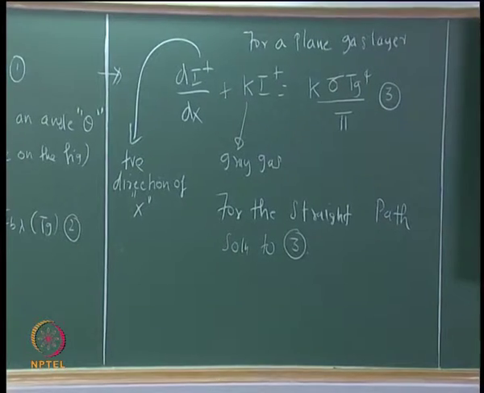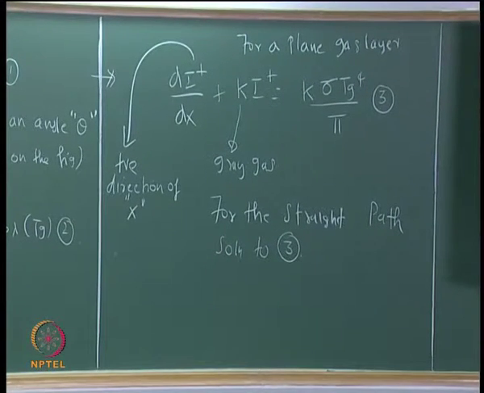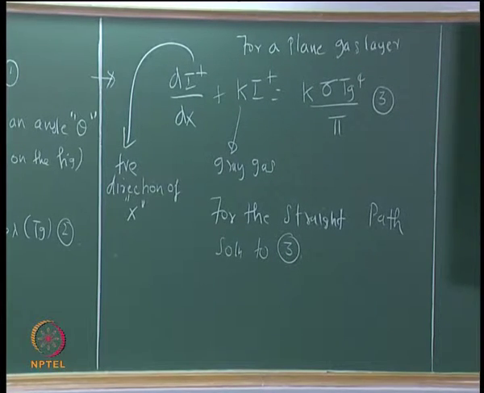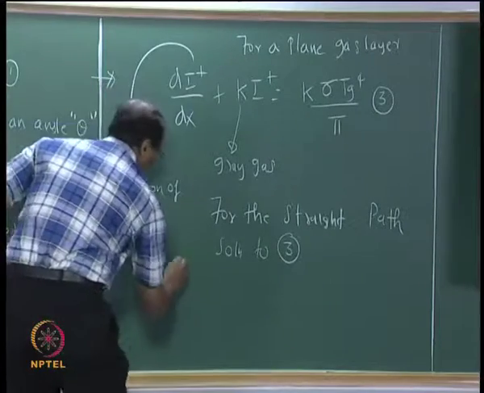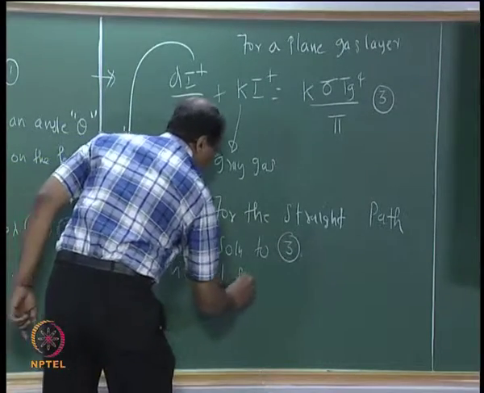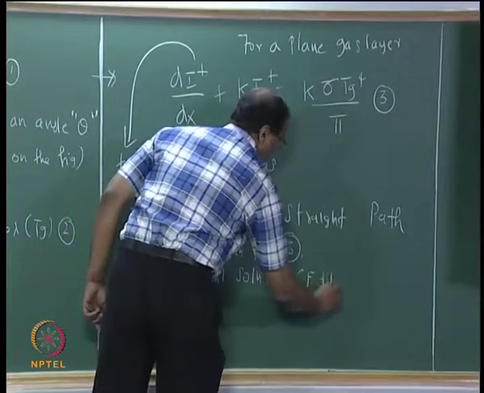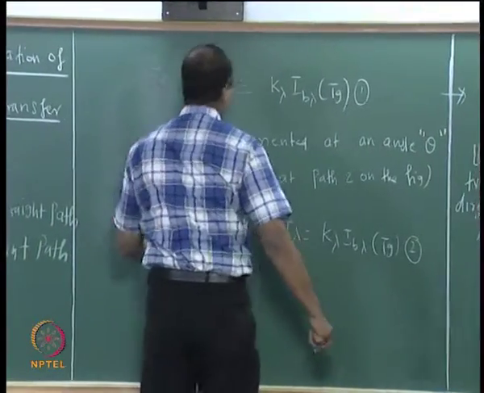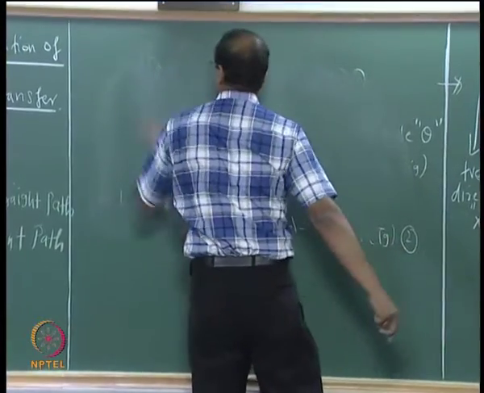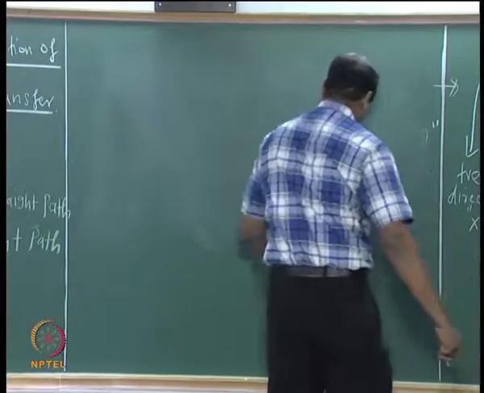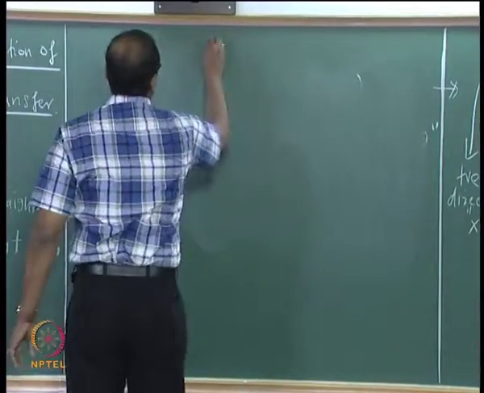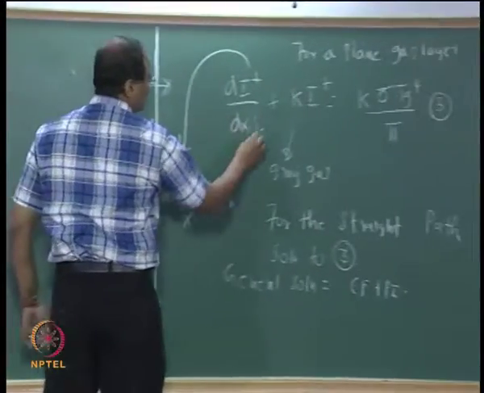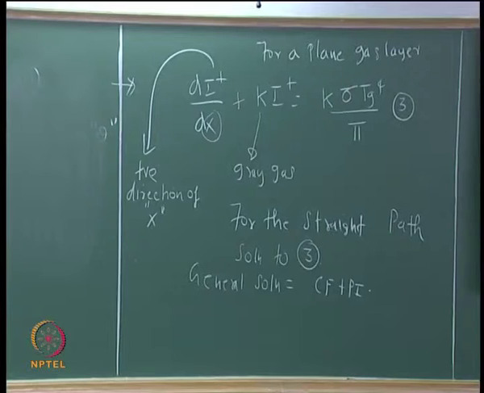So let us try and solve equation 3 for the straight path. The solution to 3 consists of two parts, namely the complementary function plus the particular integral. The complementary function is obtained by setting the right hand side equal to 0 in equation 3, right. Let me do that. General solution to get the complementary function. I also made one more change, I am using x instead of s, right.